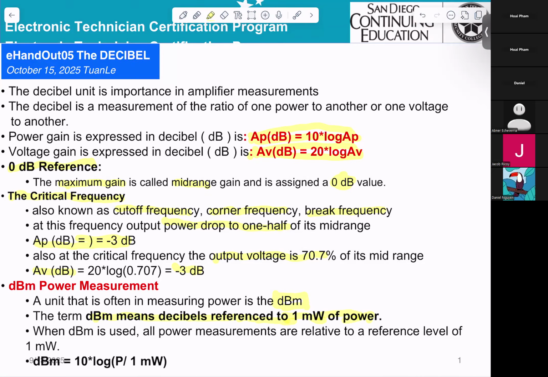Okay, and this is the formula to calculate the dBm. It equals 10 times log of power divided by 1 milliwatt. That is the formula for converting to dBm.